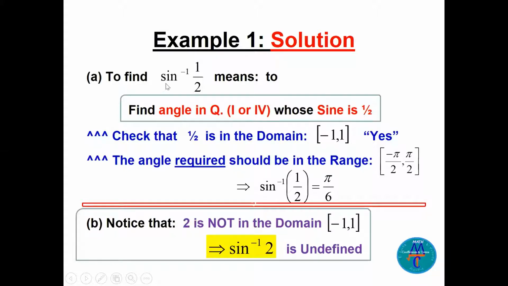So you check, is half between minus 1 and 1? Yes. So let's find the angle between minus pi over 2 and pi over 2. That's the condition, or the restricted domain. The only angle there is pi over 6, which is 30 degrees. So sine inverse of half is equal to pi over 6.